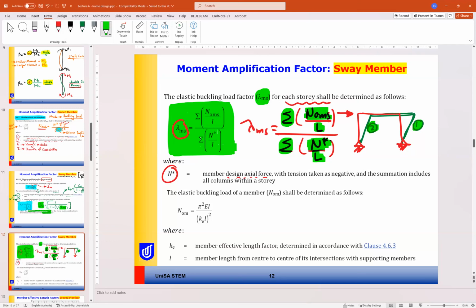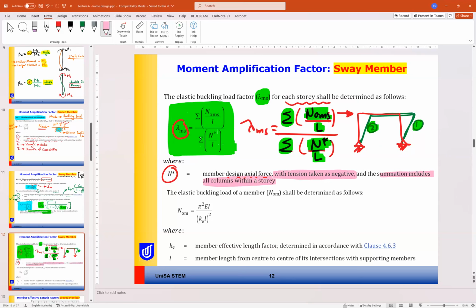This is one important note here. These formulas are positive for compression and negative for tension. The summation includes all columns within a story. So if you have two columns, take both. If it is three or four, you have to consider all the columns.